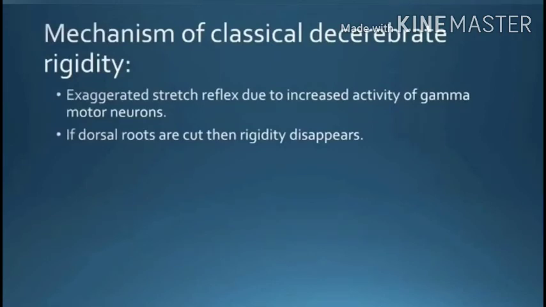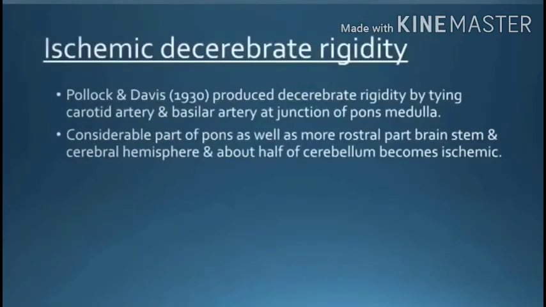Now we see the ischemic decerebrate rigidity. So what was done here? A tie was applied at the junction of the carotid and the basilar artery, at the junction of the pons and medulla. So the blood supply to a part of the cerebellum, especially the anterior lobe, was cut off.